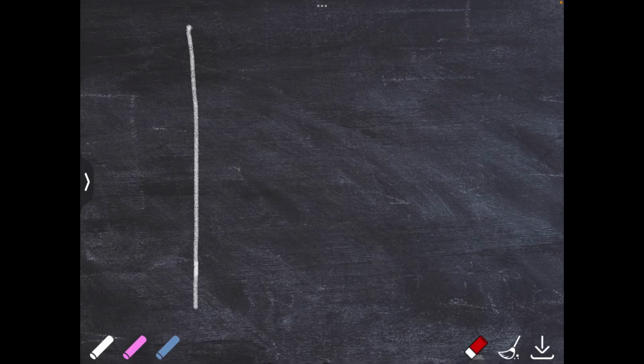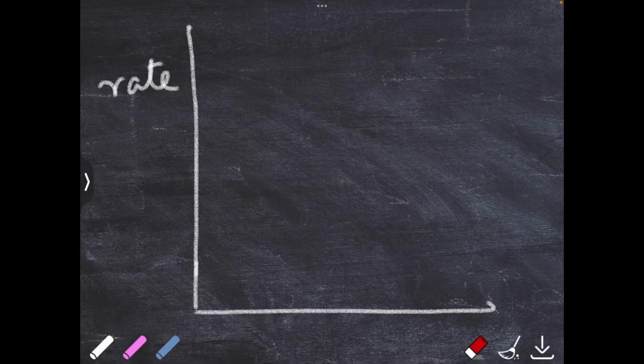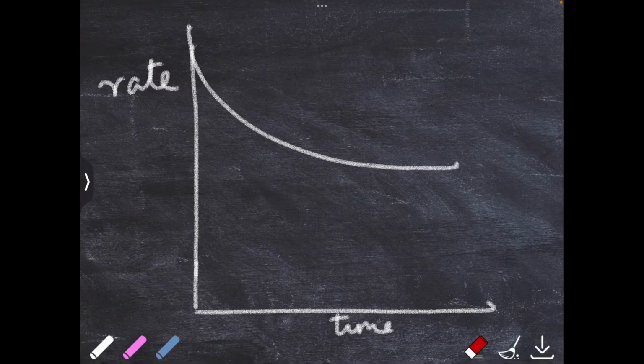Now we can represent this by means of a graph. That is, if we take the rate on the y-axis and time on the x-axis, then initially the rate of reaction of the reactants has a certain value. Gradually the rate at which the reactants are reacting will go on decreasing till it comes to a constant value.